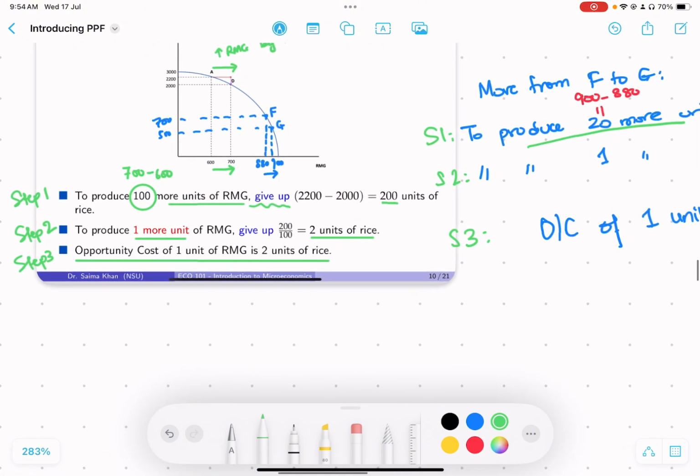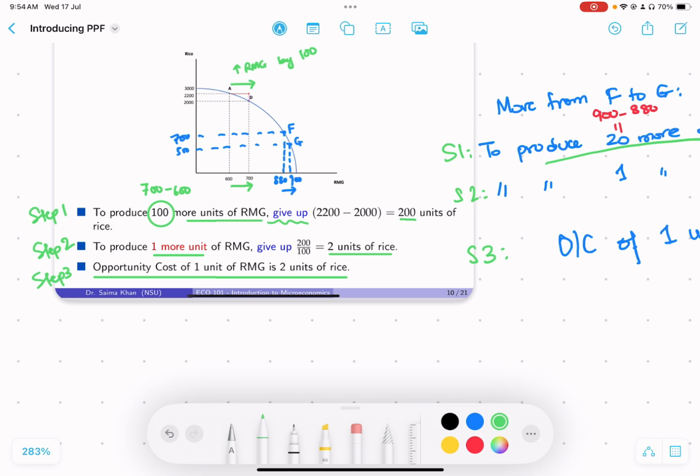Because initially when we were calculating our opportunity cost in this region, we saw that the opportunity cost of 1 RMG is 2 rice. But by the time we are in this region, we are seeing that the opportunity cost of 1 RMG is 10 rice.